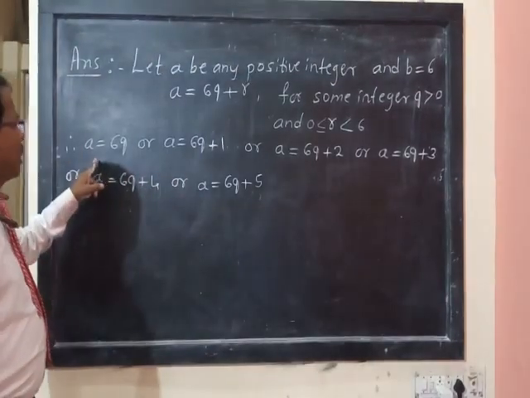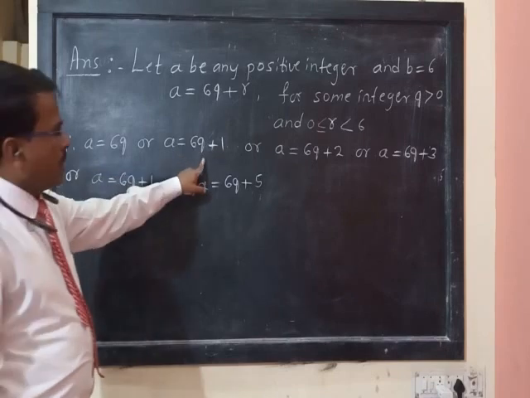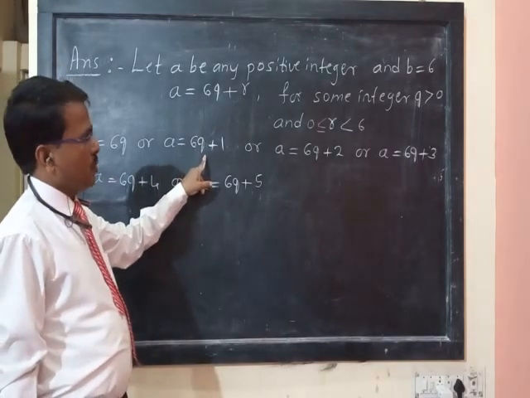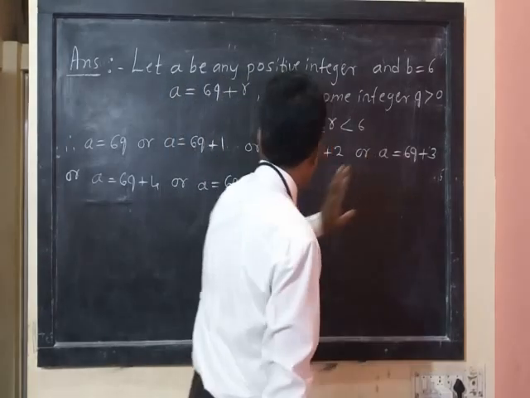As I have told already, if remainder is 0, a equal to 6q. If remainder is 1, a equal to 6q plus 1. And remainder is 2, 6q plus 2, 3 and so on.